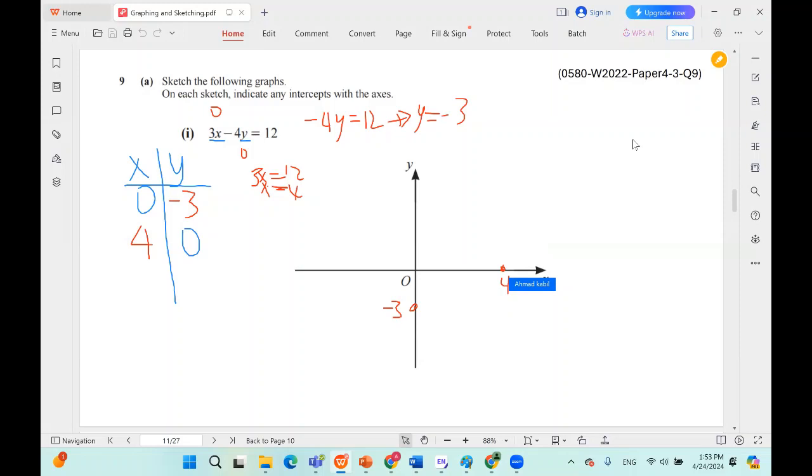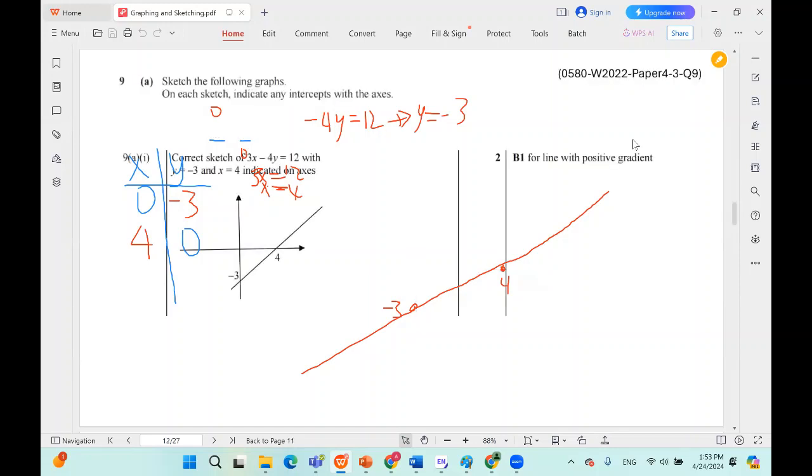And if you just join these 2 points, you get a straight line. Of course, I'm drawing as accurately as possible given that I'm drawing on the screen, but you get the idea. You need to use the ruler and pencil in order to graph this line. So y is at negative 3 and x at 4. These are the correct values.